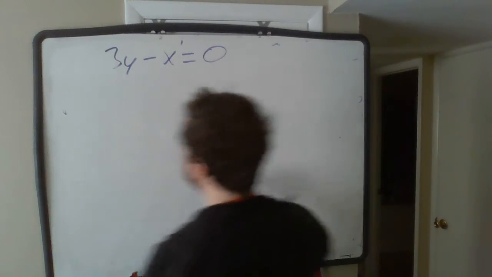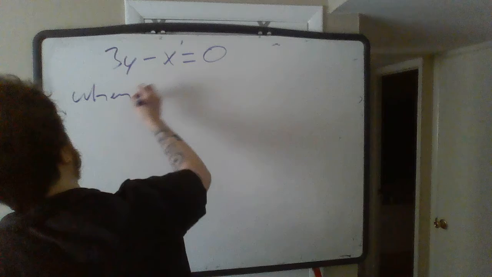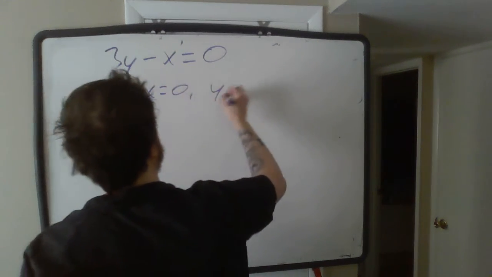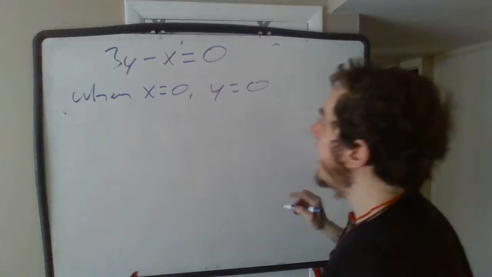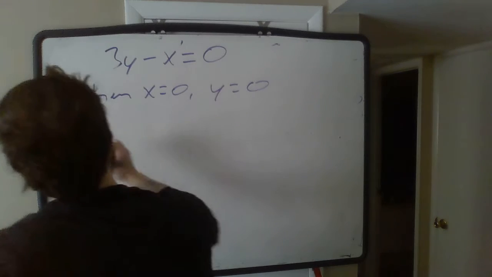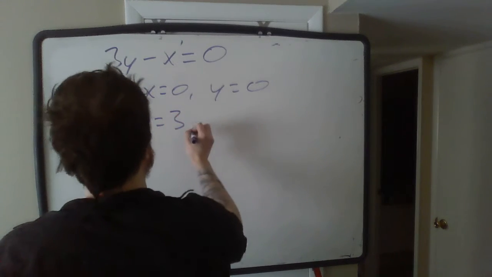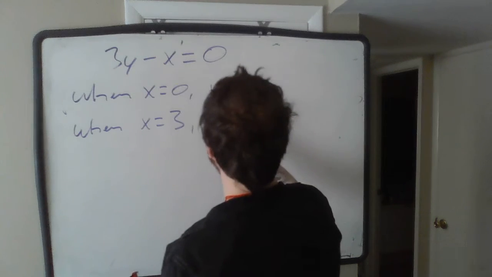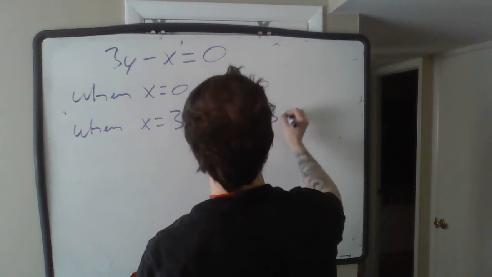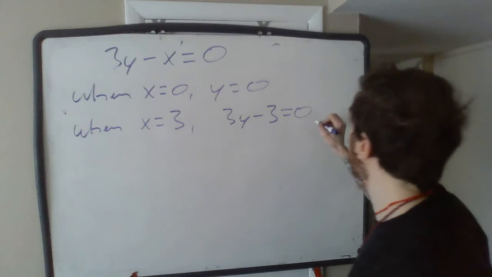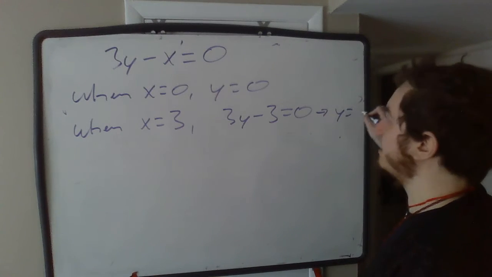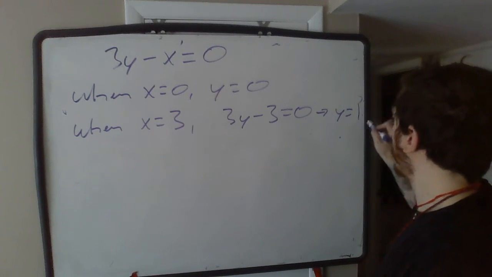So we know that when x is equal to 0, y is equal to 0. And then I'm just going to say, okay, let's pick, say, x equals 3. Well, in that case, what we get is 3y minus 3 is equal to 0, or y is equal to 1.